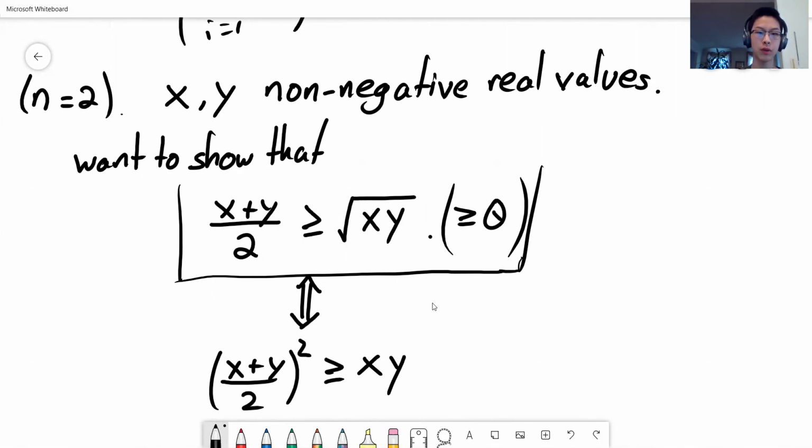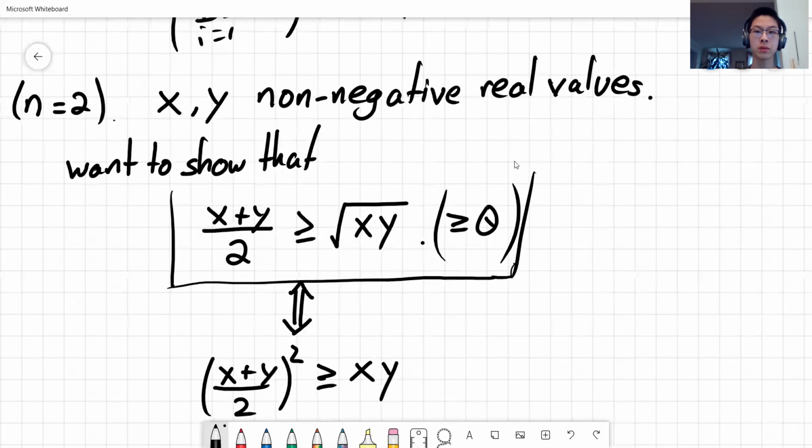So we can take two values, and their average is going to be greater than or equal to the square root of their product.